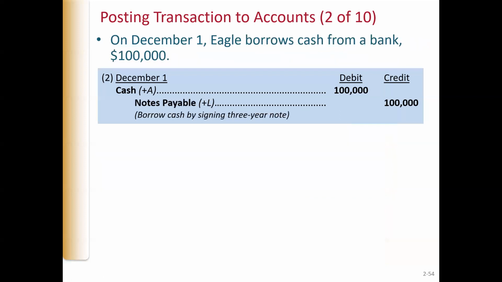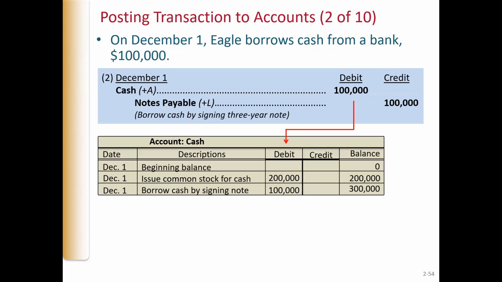On December 1st, Eagle borrows cash from a bank for 100,000. We show cash increases 100,000, and our notes payable, which is a liability, also increases 100,000.